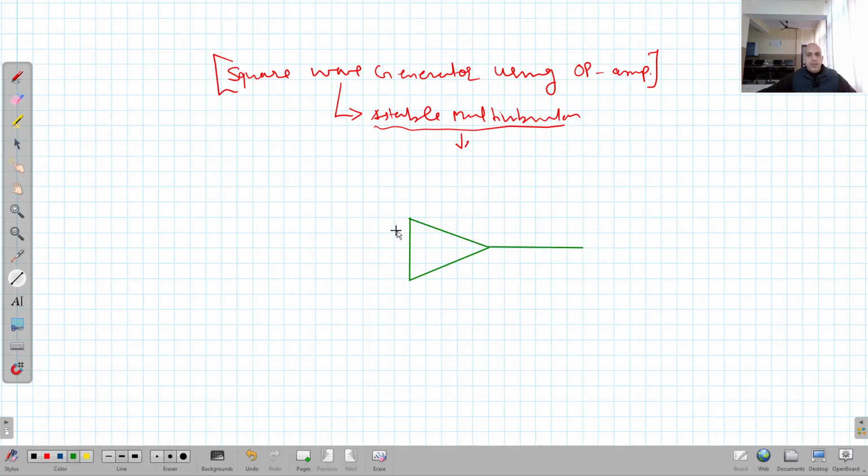This is the output terminal. The resistance path.